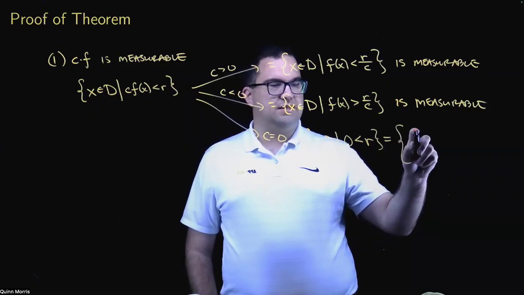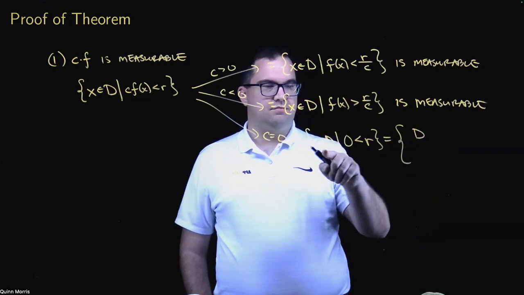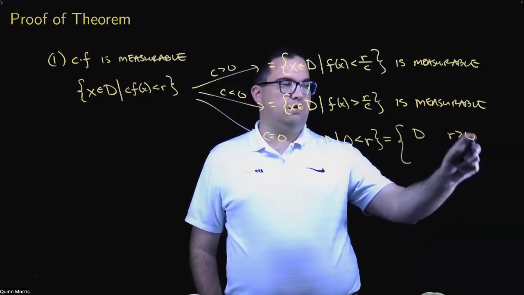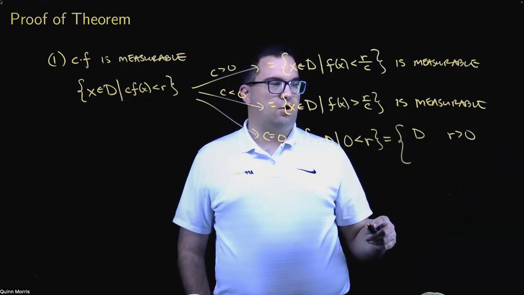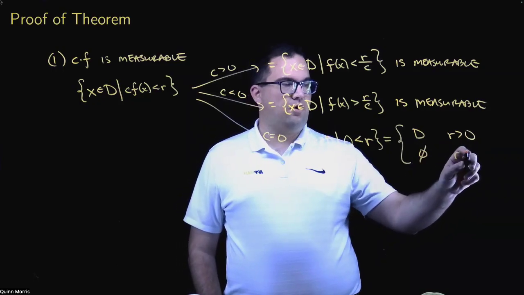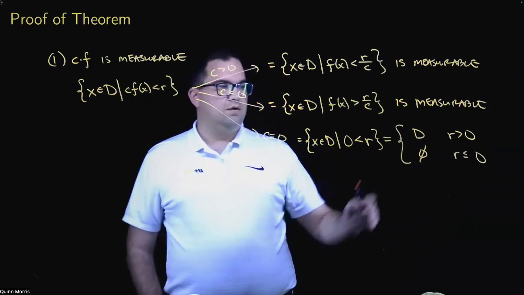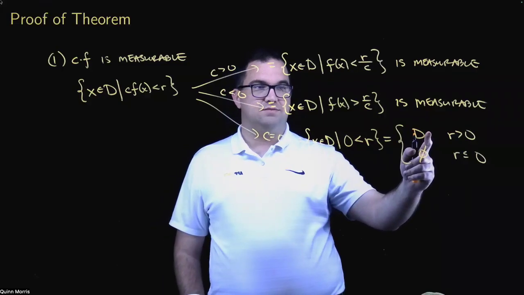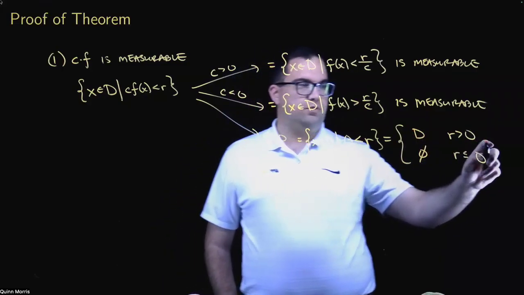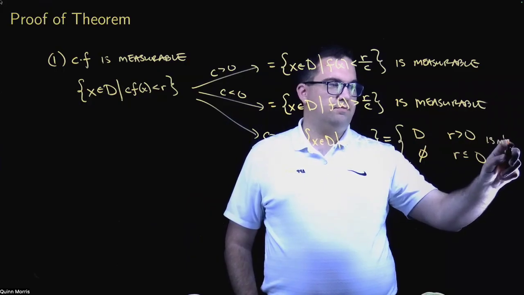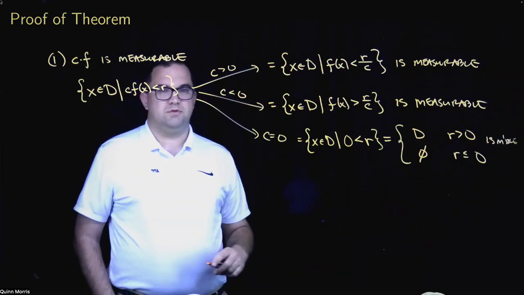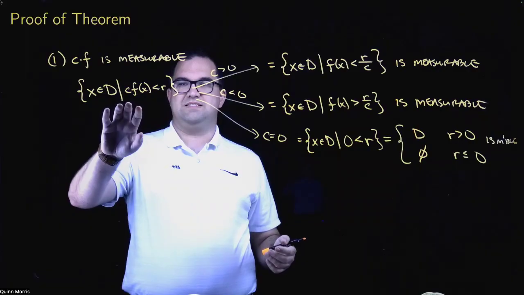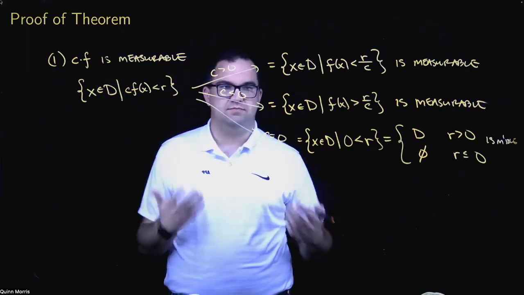So if r is positive, then you just get back the whole set D. It's the empty set if r is less than or equal to 0. But because f is measurable, we're assuming its domain is measurable. The empty set is always measurable. So these are all measurable. So again, here, you just break it out into cases, but in any case, you get that this set is measurable, and therefore c times f is measurable.